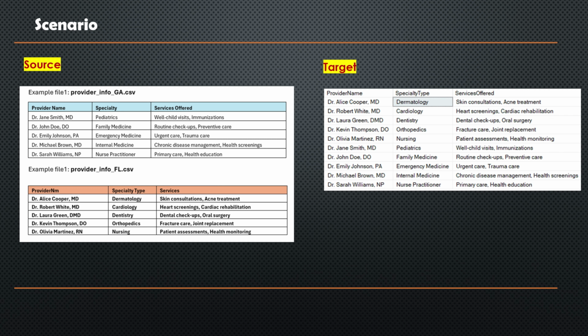The first file has column names as provider name, specialty and services offered, and the other file has different column names like provider name, specialty, type and services. So to implement this, we will be creating a procedure that dynamically handles the column mappings.